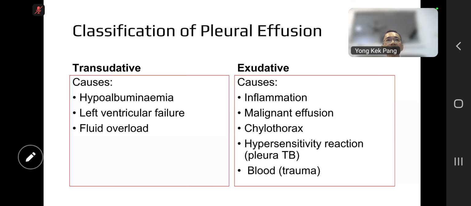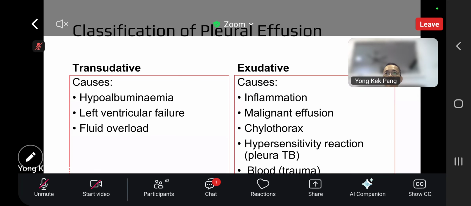And then, of course, a lot of the time you like to do a pleural aspiration to figure out whether this is more of a transudative or exudative effusion, right? Transudative is because of the imbalances in the hydrostatic pressure and the oncotic, osmotic reabsorption. Causes of transudative will include low albumin, left ventricular failure, fluid overload.